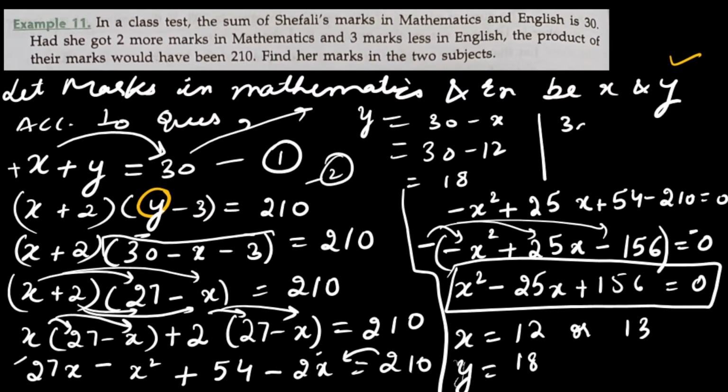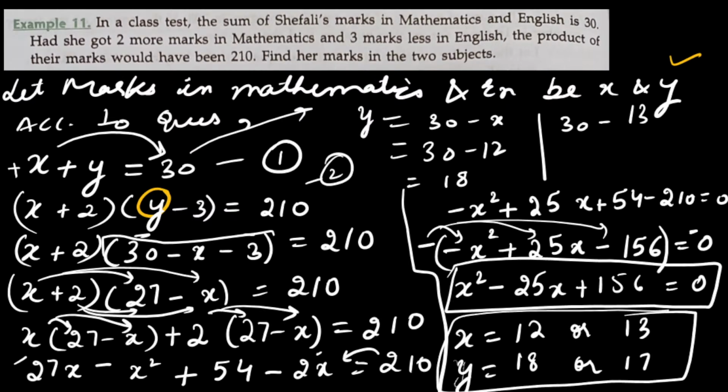Or if x is equals to 13, then it will be 17. So possibilities of marks of maths are 12 or 13, then marks of English are 18 or 17. So we have to find the value of x as well as y. Is this thing clear?